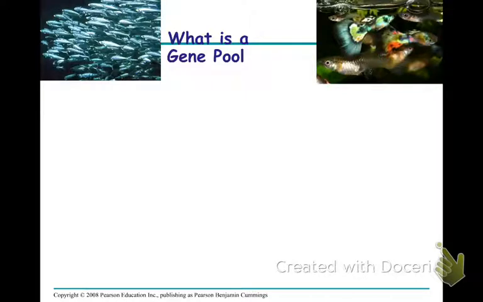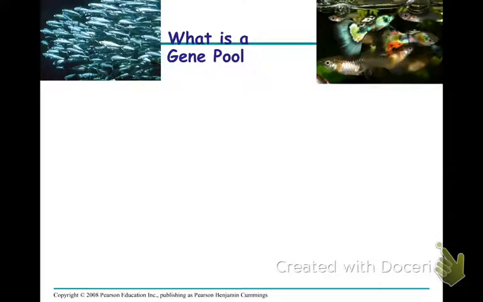For example, eye color. There will be 2 alleles for that. One given by your dad, one given by your mom. Which means if there are 25 students in my class, there are 50 alleles in my box of gene pool for eye color. Does that make sense?